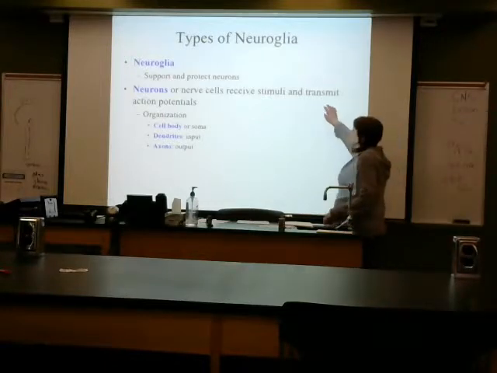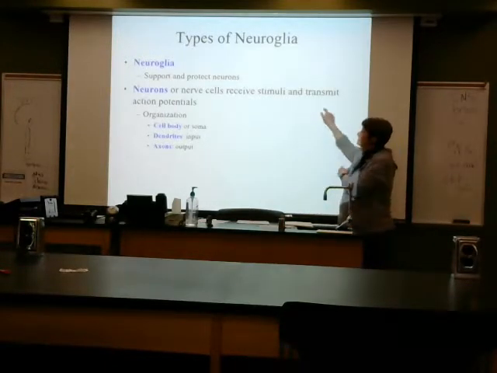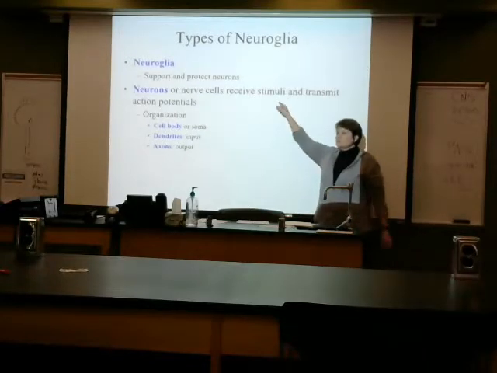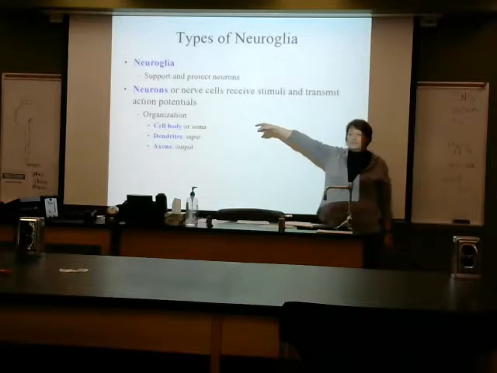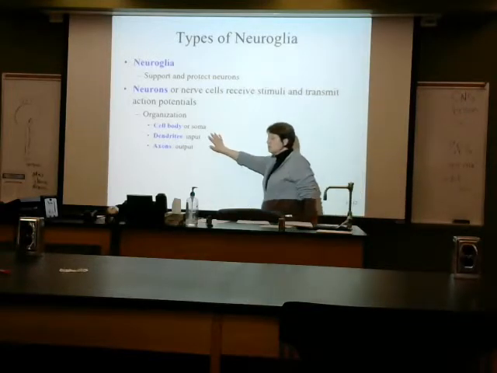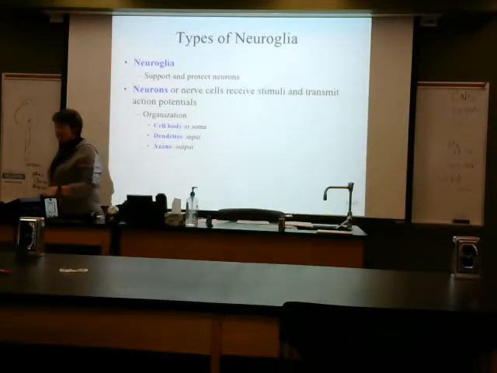Because our neurons are going to be the cells that will receive a stimulus and transmit the action potential with the parts that they're going to contain: your dendrites, the nerve cell body, axon, terminal end.